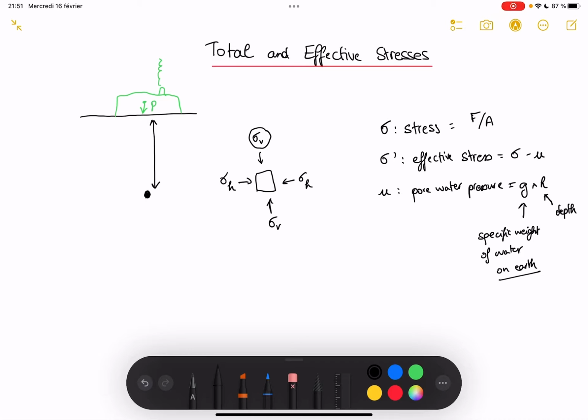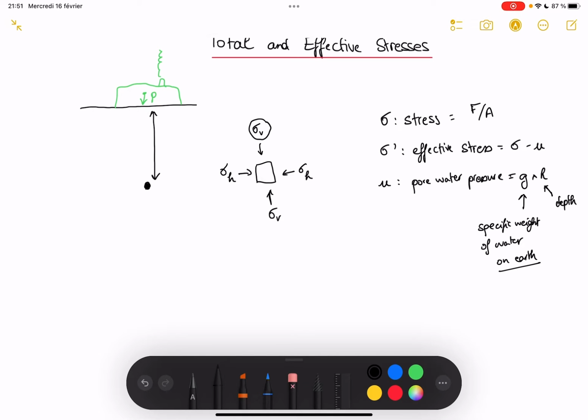So these are the symbols and annotations you really need to make sure you know.